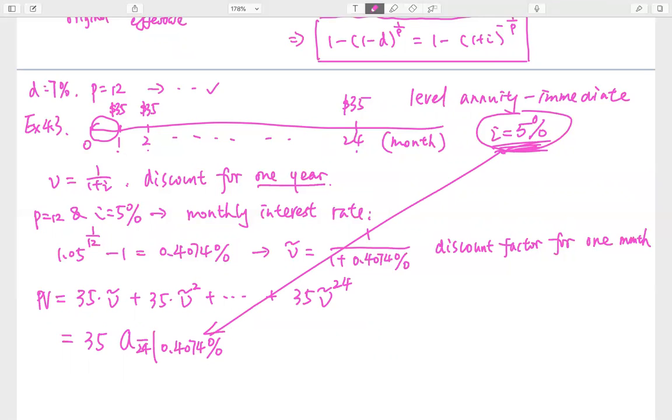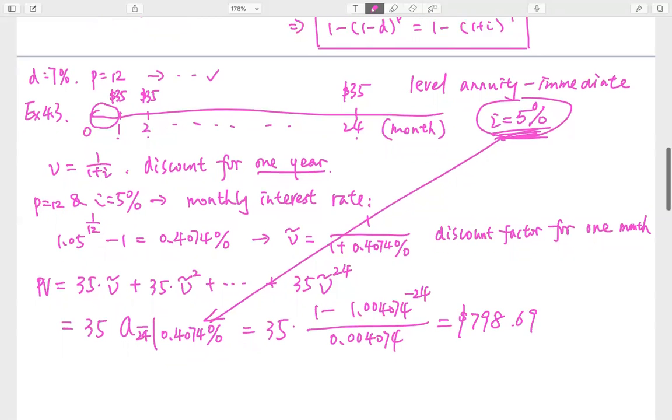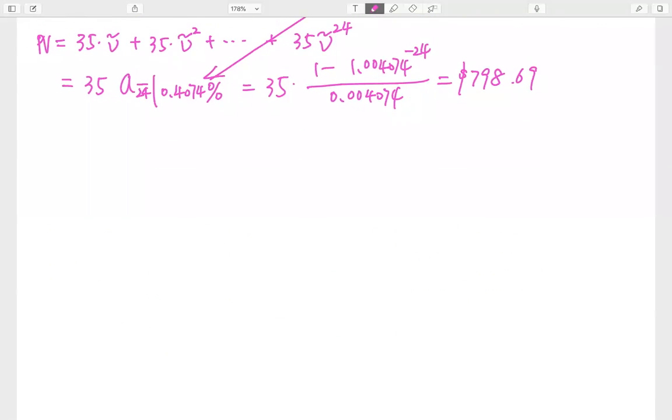Once you have done the conversion, you can apply the old formula: 1 minus 1.004074 to the negative n, which is 24, divided by your interest rate 0.004074. So it's close to $800, 798.69.